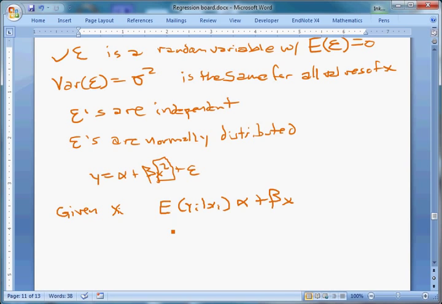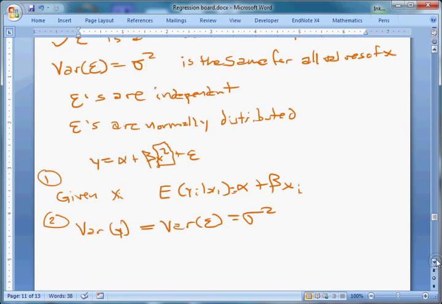The other implication of our assumptions is the variance of y. Except for epsilon, this is a deterministic relationship, right? So except for the epsilon, the relationship between y and x is deterministic, which means that the variance of y is equal to the variance of epsilon, which is equal to sigma squared.